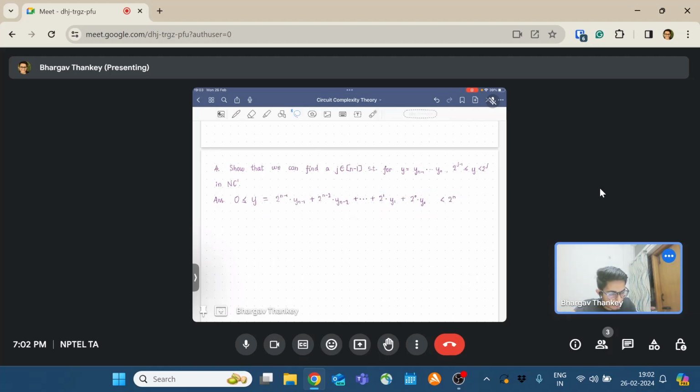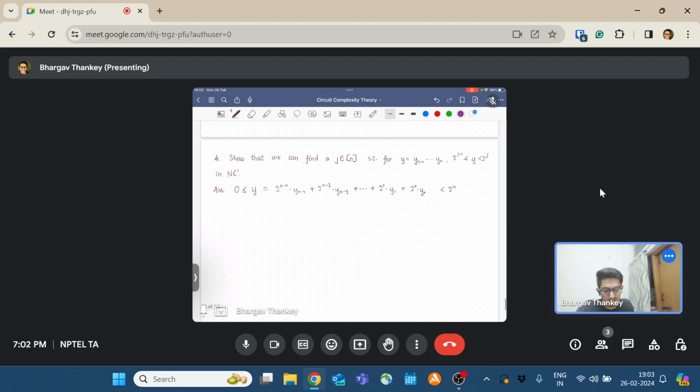So the smallest that you can have over here is 2 to the 0, which is 2 to the 1 minus 1, and so the smallest value of j is 1. And the largest is n. So j is in 1 to n. So y's smallest value is 0, the largest value is 2 to the n. Now the question is, when can j be exactly n?